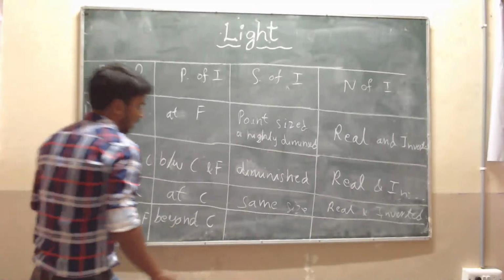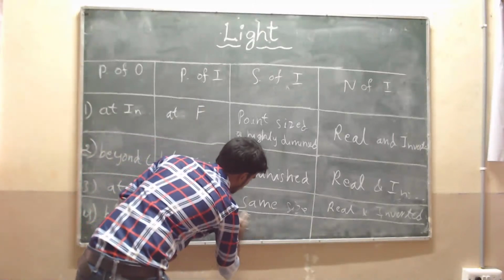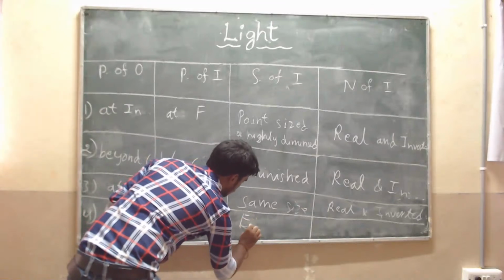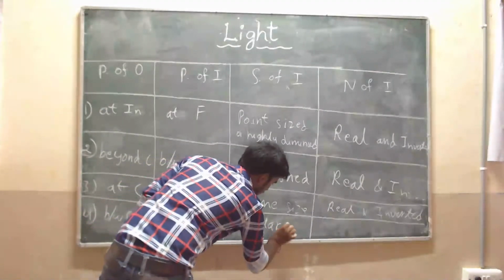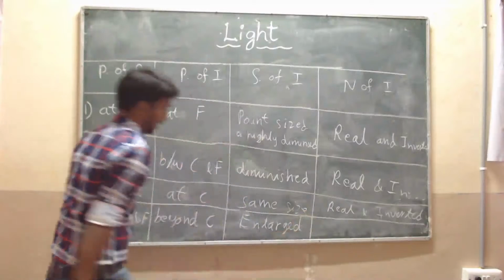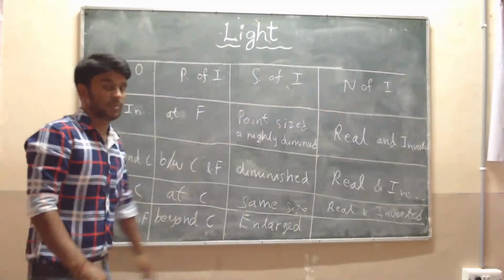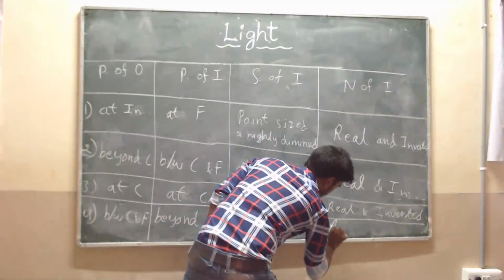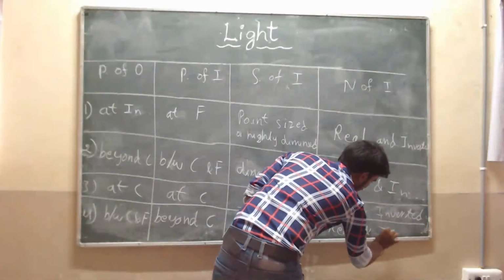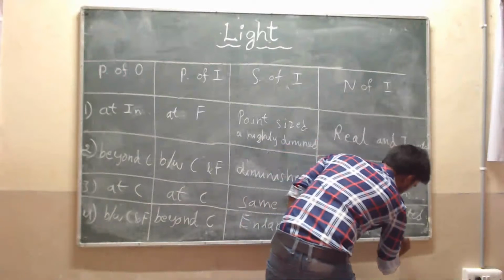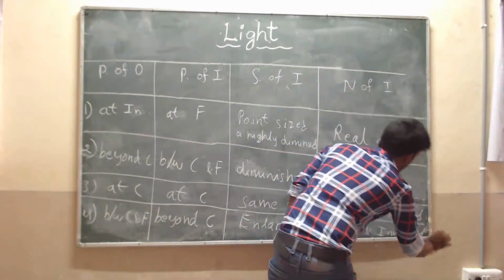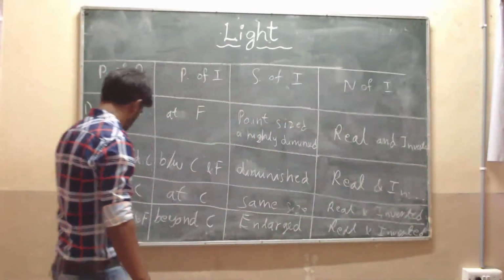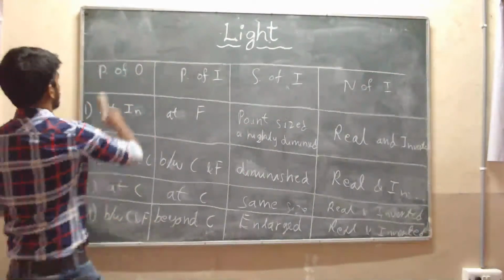Size of the image is enlarged. Then what about nature of the image? We got that image on the screen, right? So that's why the nature of the image is real and inverted. Real and inverted. So we'll write for here.